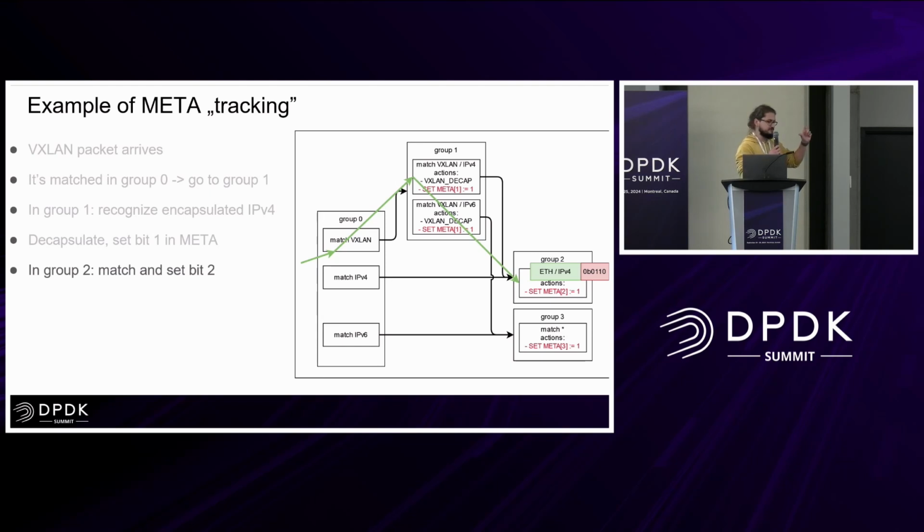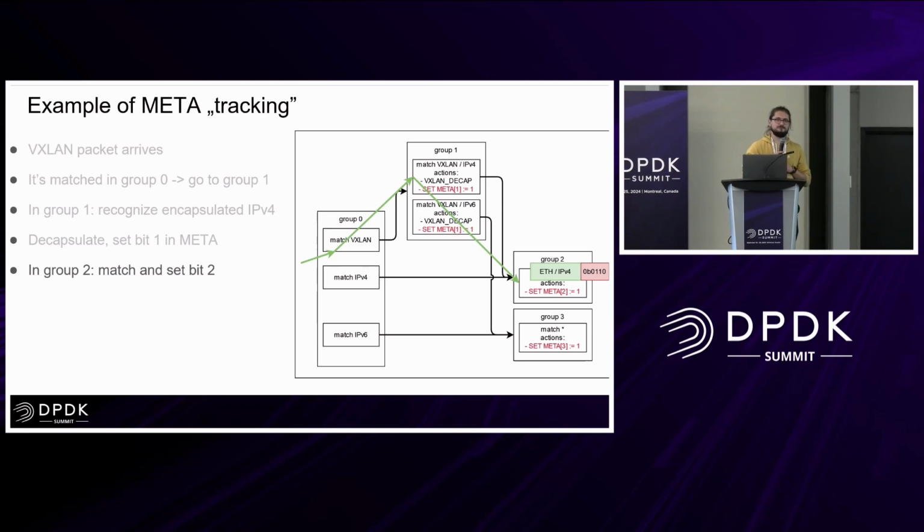Flow API has a modify field action, which from the name you can infer that it modifies the packet fields, but it can also modify this meta register, and it can operate on a bit basis. The smallest increment which it can modify is a bit. So we can treat the meta register as a bit mask and set specific bits whenever we hit certain stages of the pipeline in the hardware.